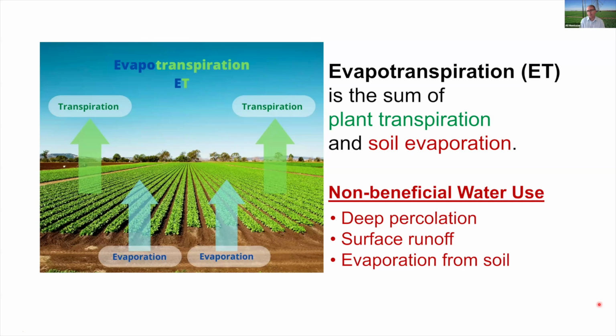Any other use of water, like leaching and using water for cooling or heat stress management, is all beneficial. Sometimes if you put mulch on the ground, it has direct impacts on soil evaporation. Basically, any mulch on the ground can reduce soil evaporation.